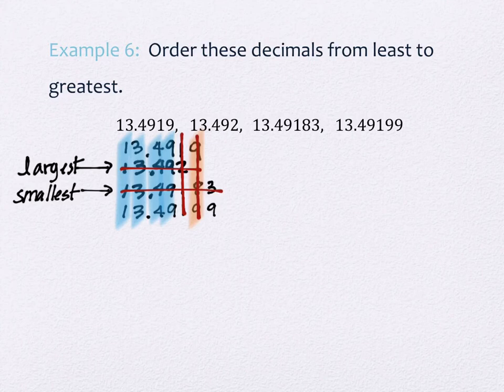Kind of looks like there's nothing to compare. There's only one number left, right? But there really isn't. There's an understood 0 here, and we can write zeros to our heart's content after decimal values, right? They don't matter in the sense of giving me more information, but in the sense of comparing, they can be very helpful. So I'm actually now comparing the 0 on the top with the 9 on the bottom. And so what can you tell me now?